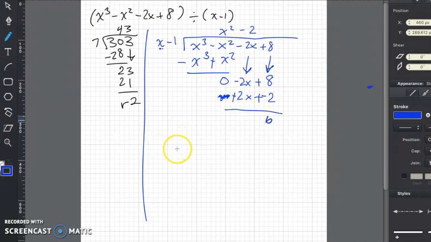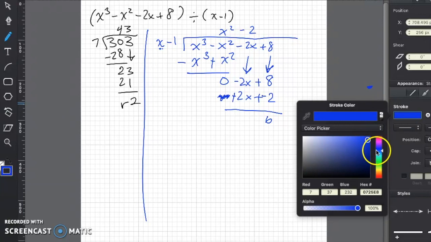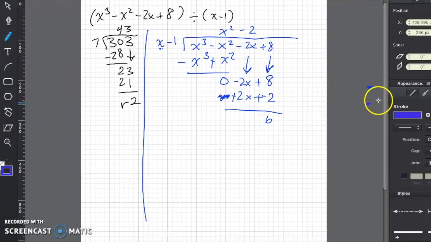So what do we do with the remainder? Here's what we do. I can rewrite this in a different form. Let's write our answer in a different form here, in a slightly different shade.